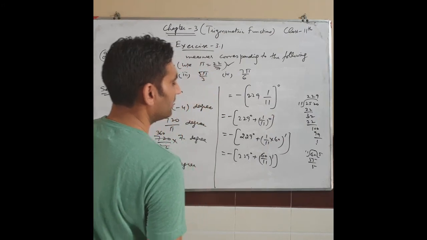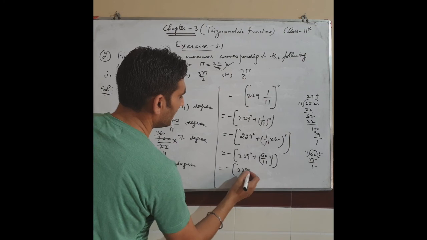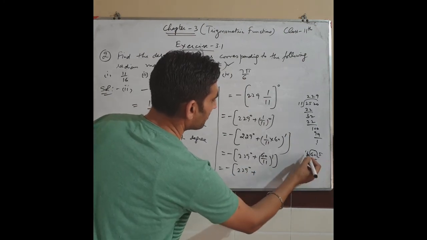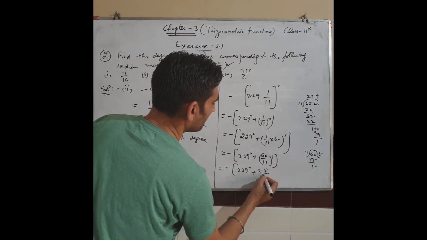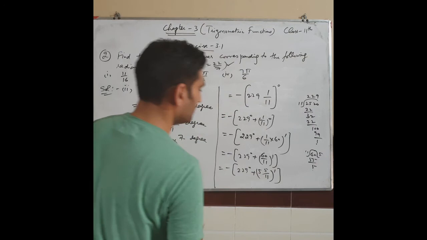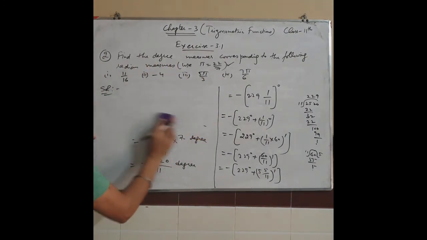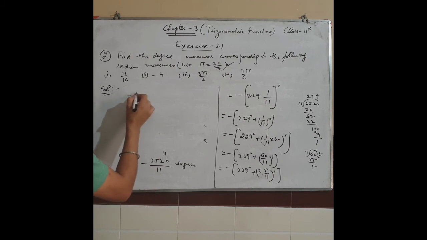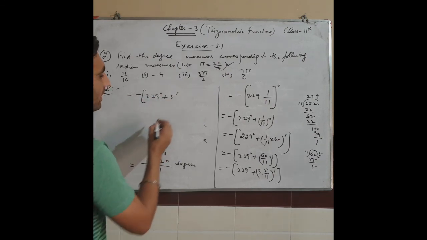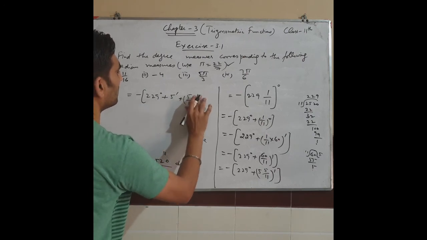So it is 229 degrees plus 5 minutes and 5 over 11 minutes after that. This is also in minutes.